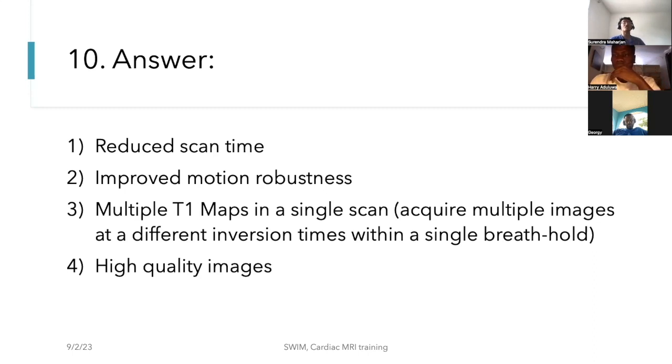That's again within a single breath hold, which is pretty good. The advantage of shortened MOLLI is it takes less time, like 9 heartbeats, and for MOLLI it may take like 16, 17 heartbeats. So again, we have high quality images.